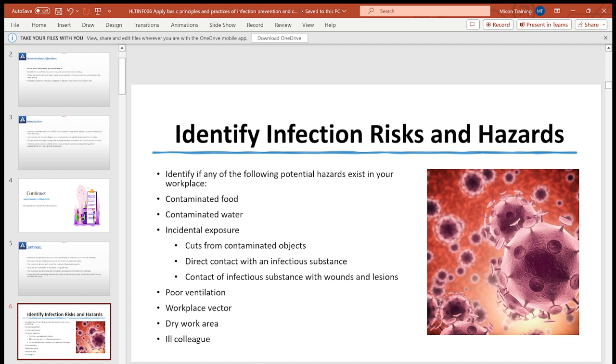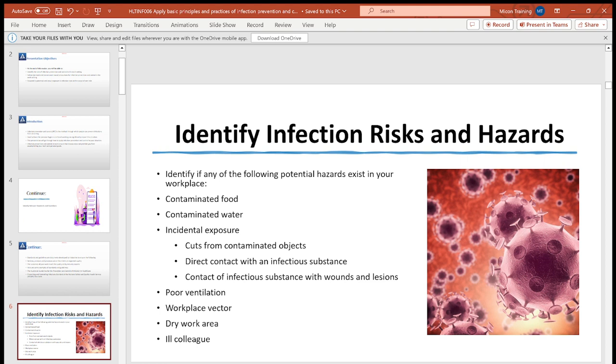Identify infection risk and hazard. Of course, the standard also enables us to identify risk and hazard associated with our job role. So while we are identifying if any of the following potential hazard exists in our workplace, it is very, very important to keep the appropriate record of whatever we find. For example, if you're working in an aged care or you're working in disability sector, do we have contaminated food in our disposal?